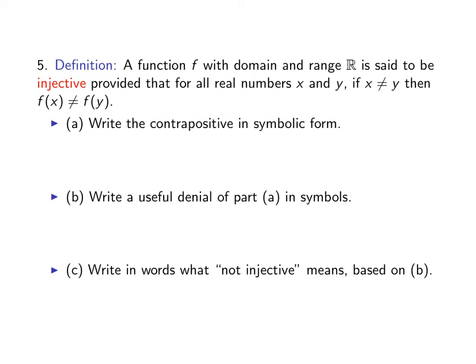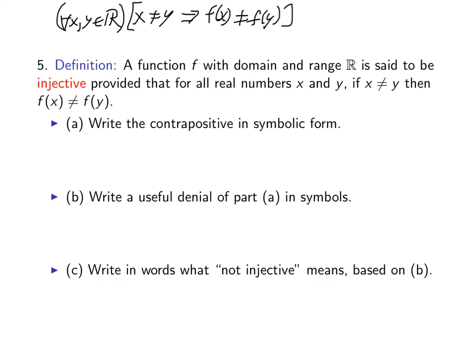Okay, so for number 5, before writing the contrapositive, it makes sense to write the original in symbolic form, so I'll write it at the top. For all x, y, and r, if x is not equal to y, then f of x is not equal to f of y.